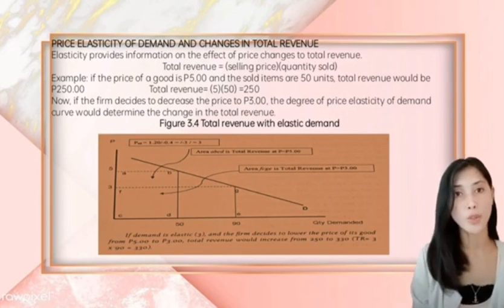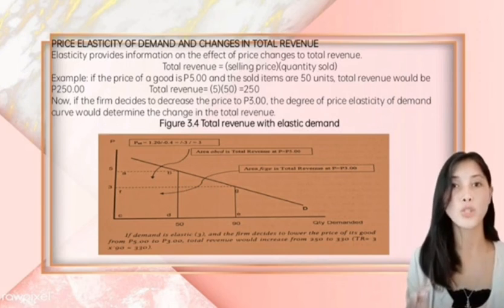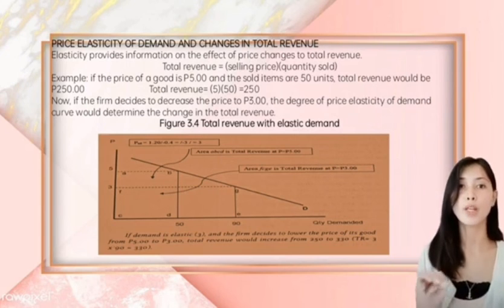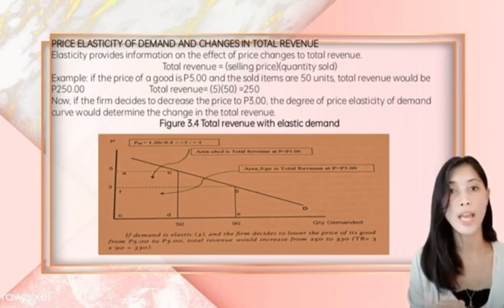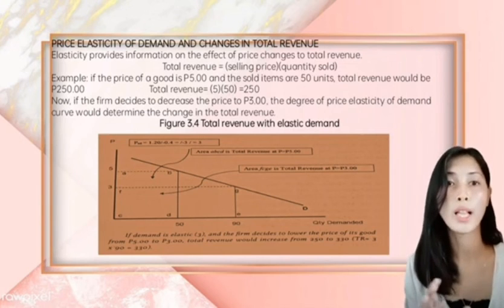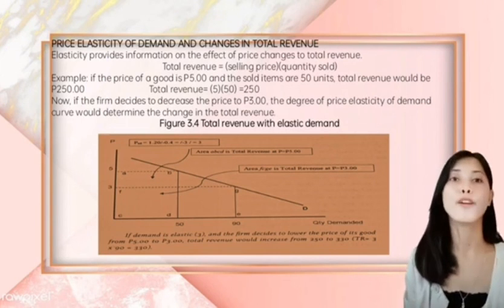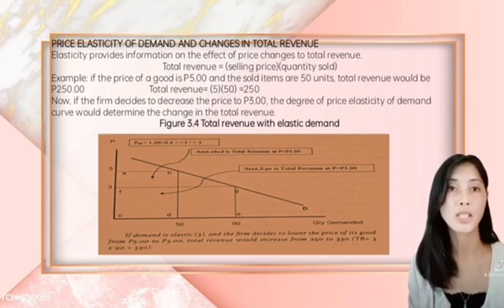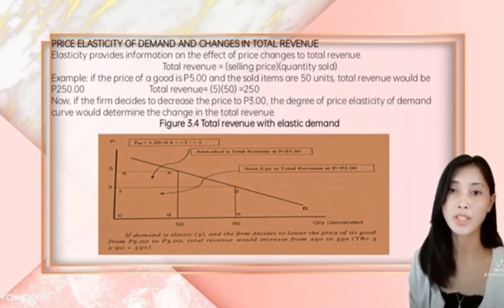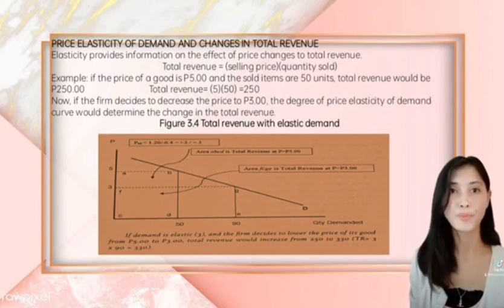So the total revenue will be 250, because the 5 pesos, which is the selling price, multiplied by the quantity sold, which is 50 units, results in 250, and that will be the total revenue. Now, if the firm decides to decrease the price to 3 pesos, the degree of price elasticity of the demand curve would determine the change in the increase of the demand.